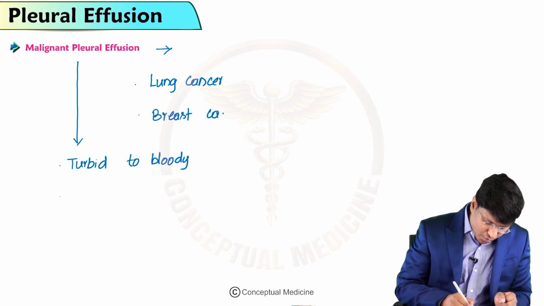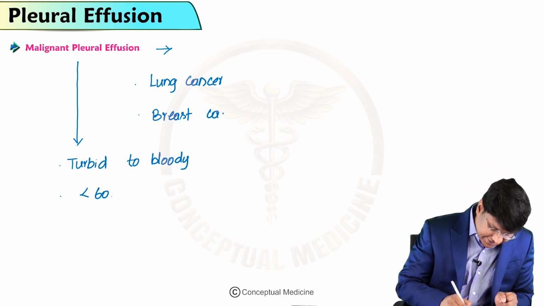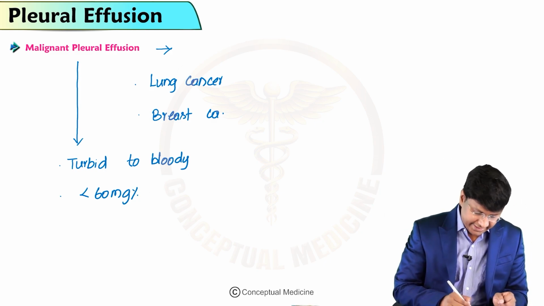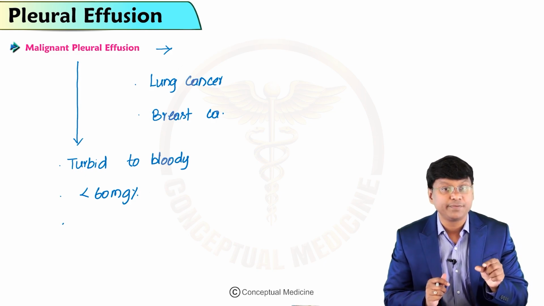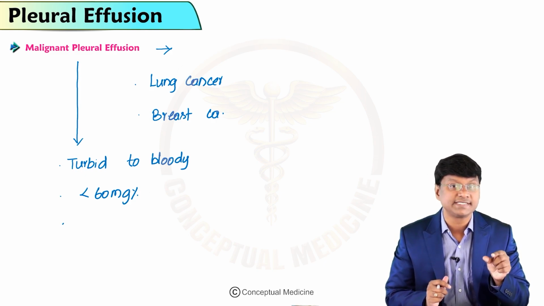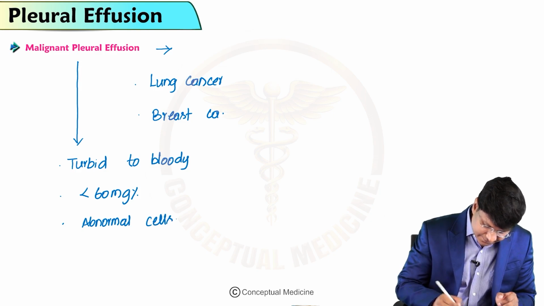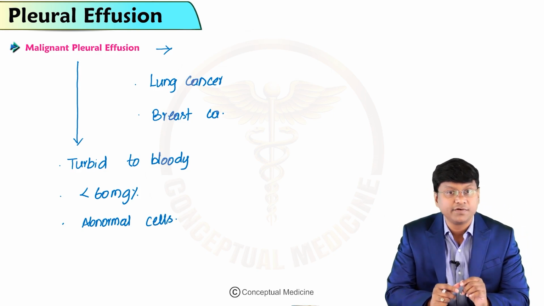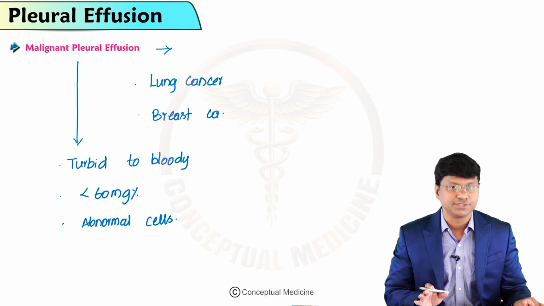The glucose in malignant pleural effusion is less than 60 milligram percent. And the cytology of malignant pleural effusion will show you the presence of abnormal cells, that is, the malignant cells. So that is your malignant pleural effusion.